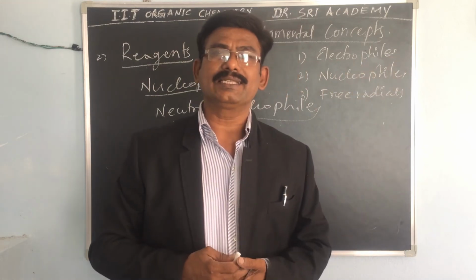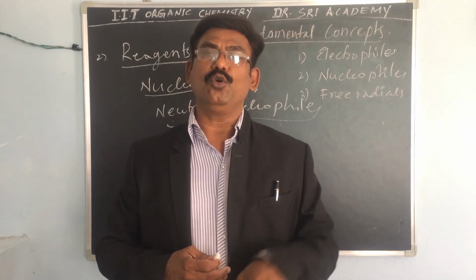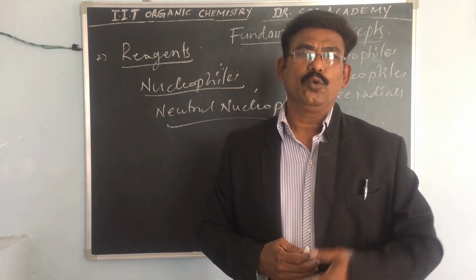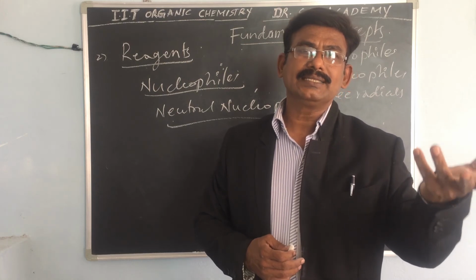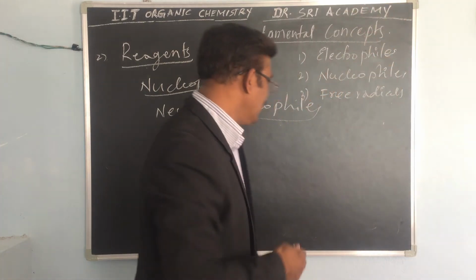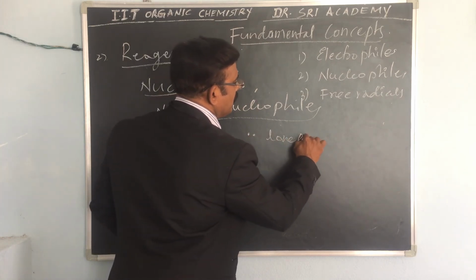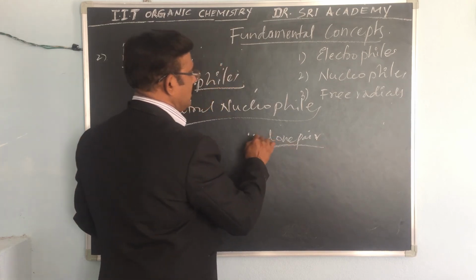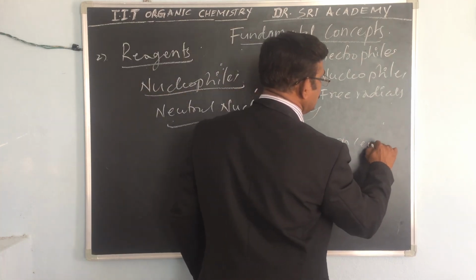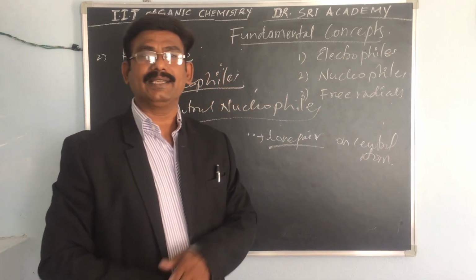All neutral molecules containing at least one lone pair on the central atom act as nucleophiles. This is called a lone pair, on the central atom. I will tell you a few examples.